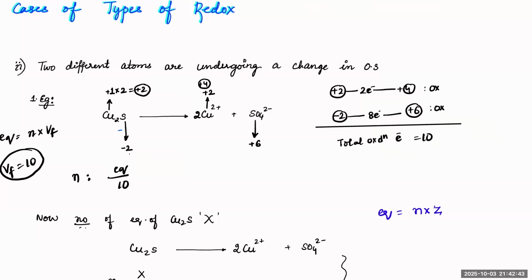When it comes to redox reaction, you only need to check, for the species for which you are finding equivalents, how many electrons that species is involving in that reaction. That becomes the valency factor. Now, in this case, because Cu2S is only getting oxidation here, how many electrons are involved? 10 electrons in total. So that 10 will become the valency factor here.